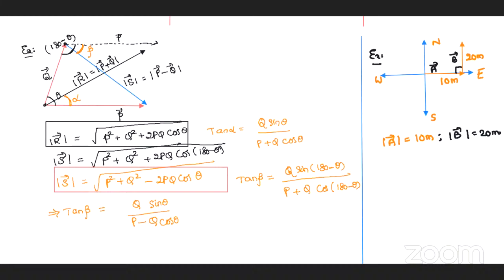In this example, find the magnitude and direction of A bar plus B bar, that is addition, that is R bar, and A bar minus B bar.